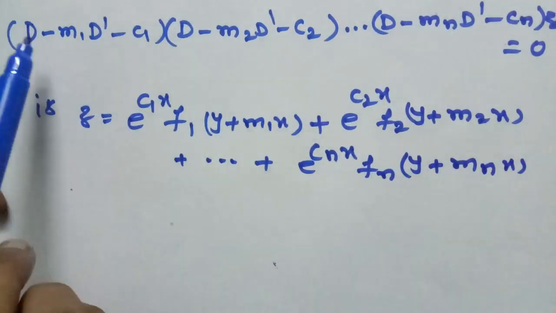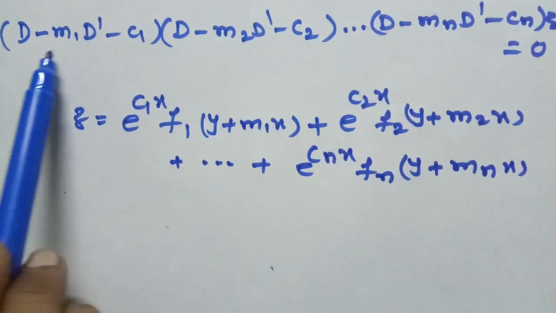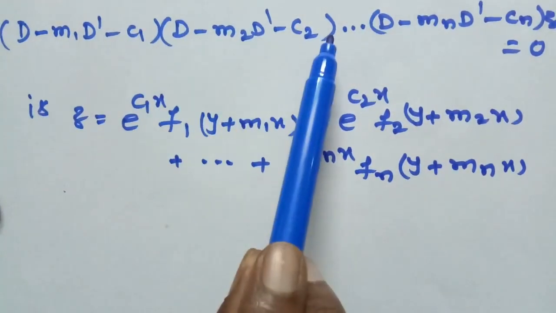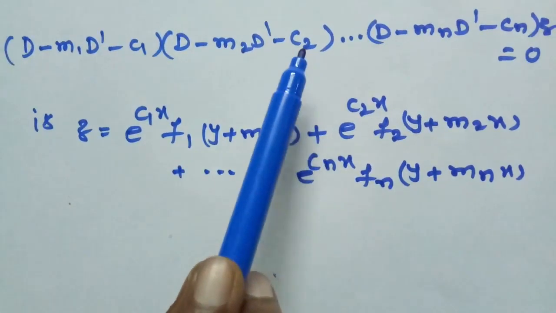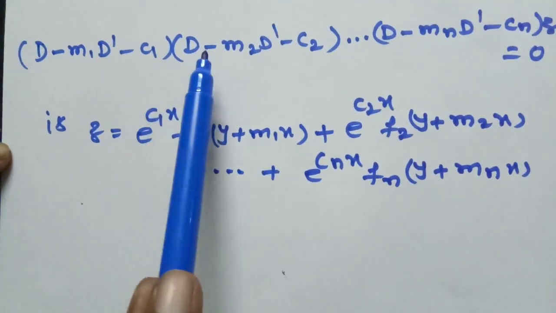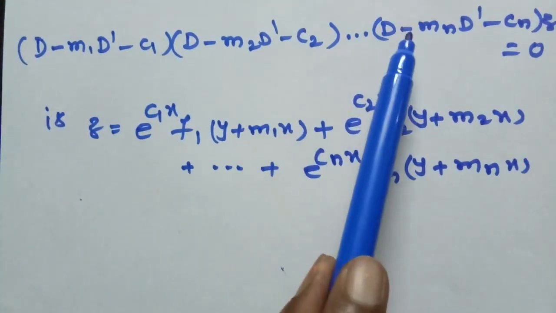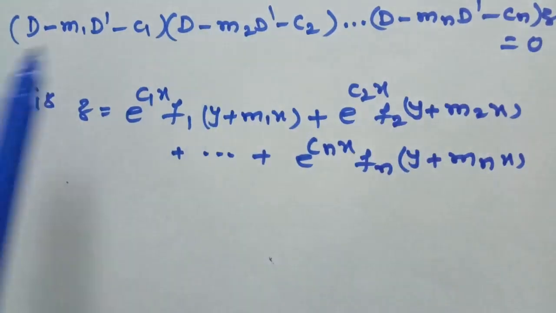So after writing the linear factors of the given equation 1 in the left hand side, D minus m1 D dash minus c1, D minus m2 D dash minus c2 and so on, D minus mn D dash minus cn into z is equal to 0.